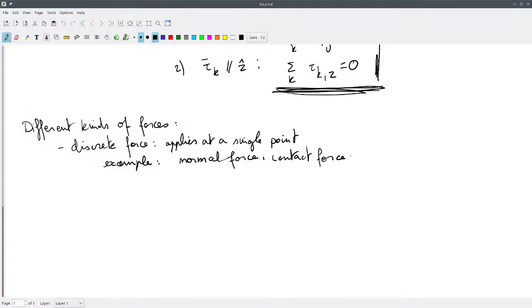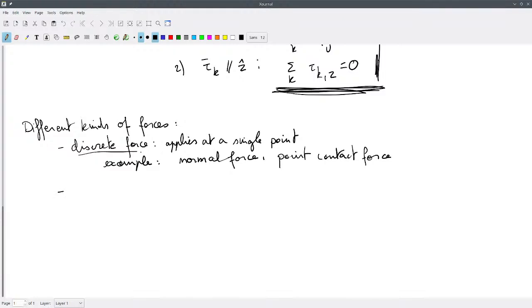And let me actually add here, let's make this explicitly a point contact force, so it's clear that it applies at a single point. Why do I do that? Because the next kind of force will have a contact force that isn't a discrete force.